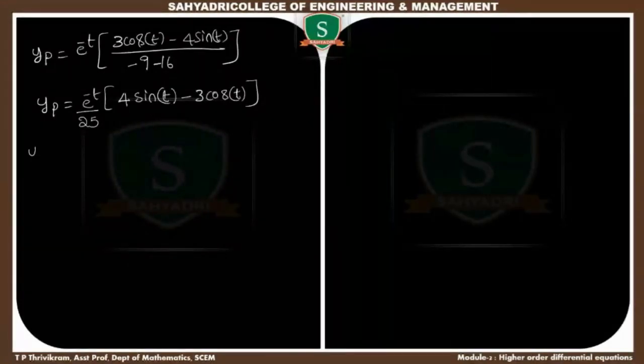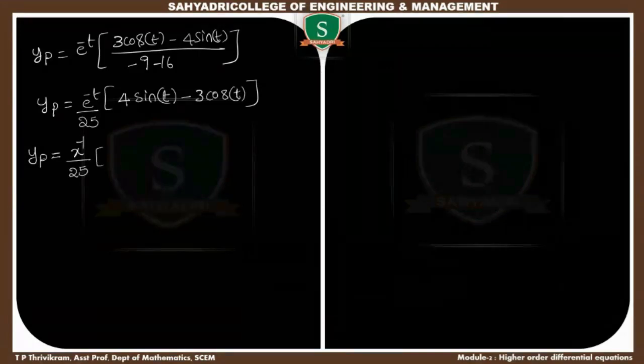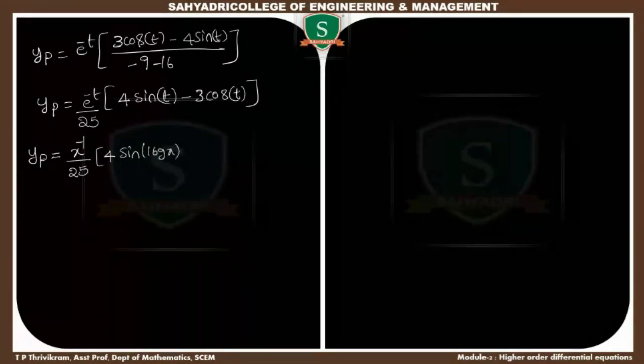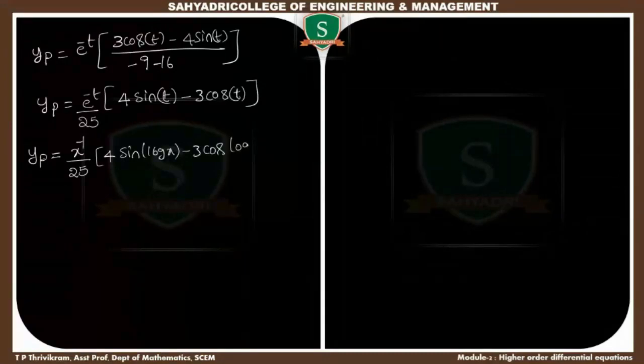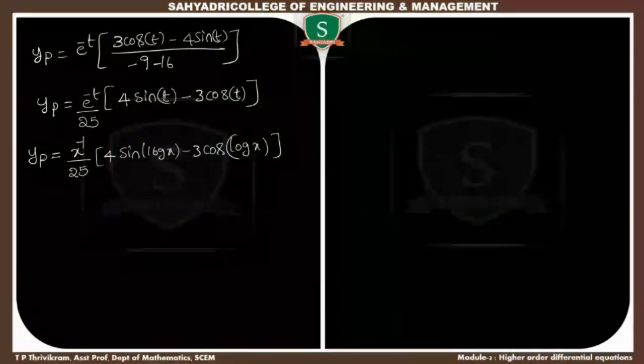So yp is equal to, finally you can write it as x inverse divided by 25 into 4 sine of log x minus 3 cos of log x. Should not forget to write t in terms of x.